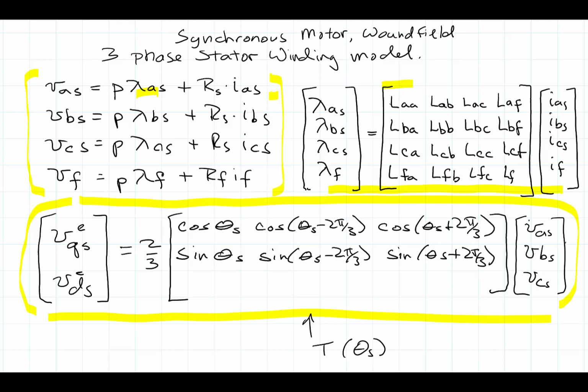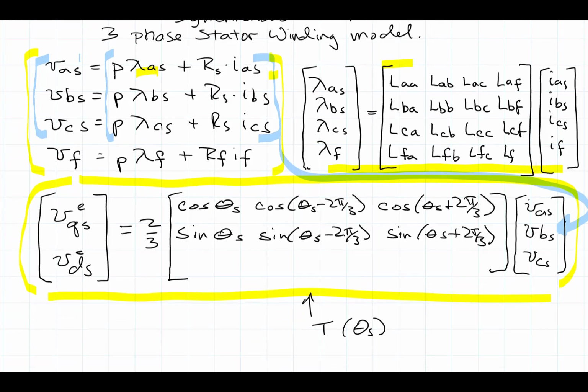So you can take these three voltages, and the expressions that they're equal to here, plug those in here, and then do the math. Now the math is quite involved, and it's not really worth our time to go through it. I've got a resource up on Canvas that does it.